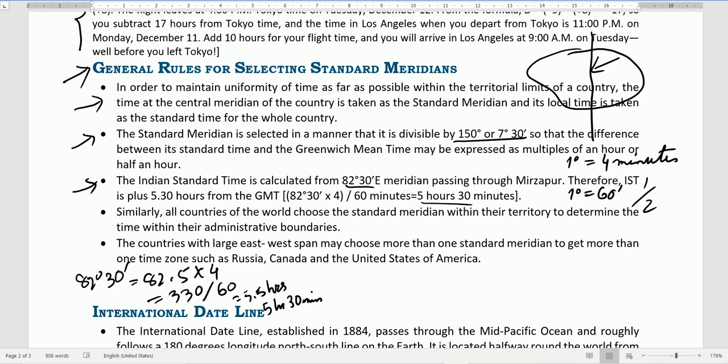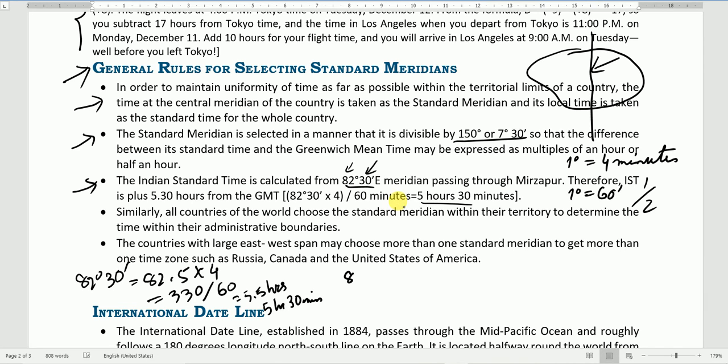Or alternately, we can also calculate like this. We may convert these degrees into minutes, to make the same unit.